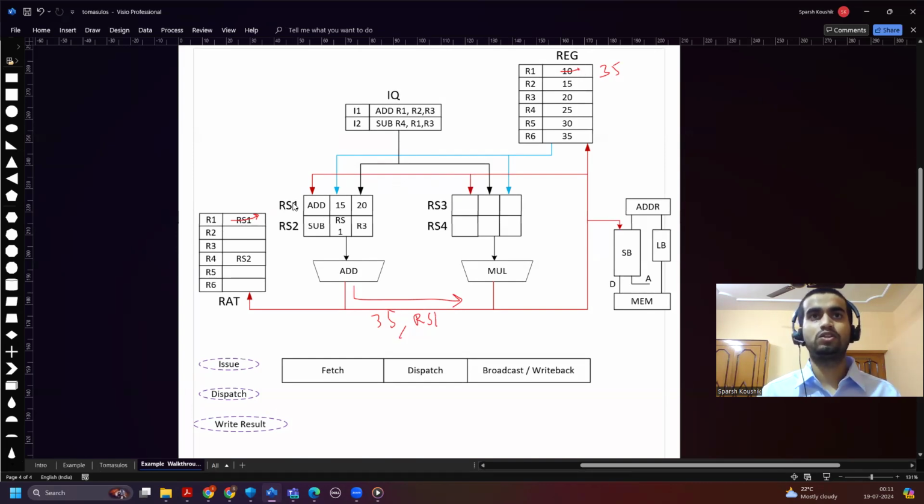This finishes the execution of instruction I1. RS1 is also broadcasted to reservation station 2, and because reservation station 2 was waiting on RS1, now all the inputs for RS2 are available. So now RS2 can also be dispatched and then broadcasted on the common bus.